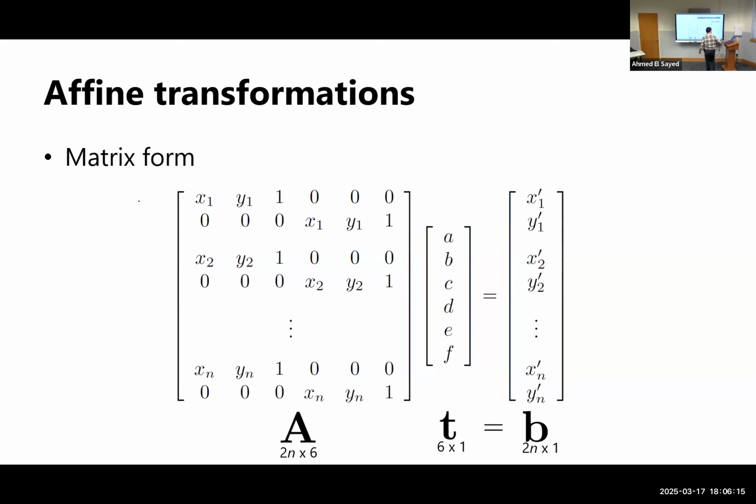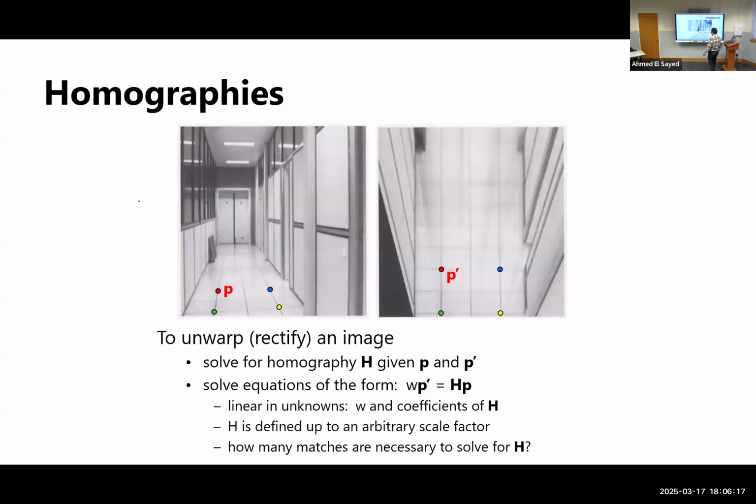How about the homography? How many parameters am I having here? 8, 9. 9, actually. We said we will generalize it. So we are working on a 3 by 3 matrix right now.